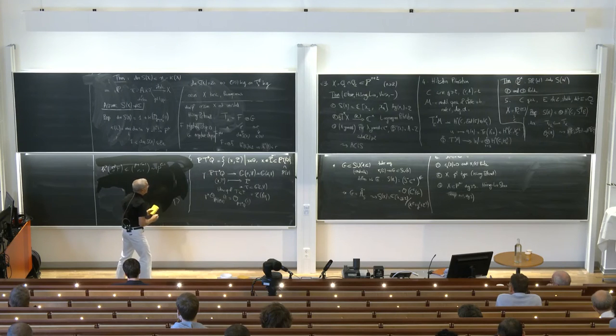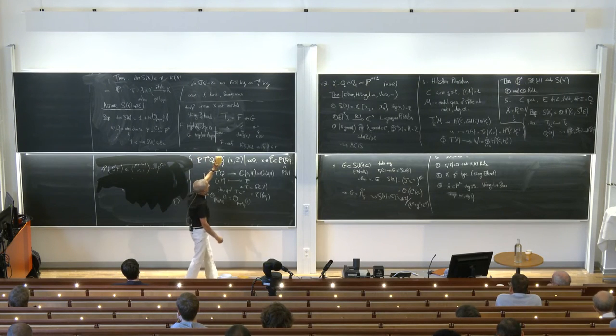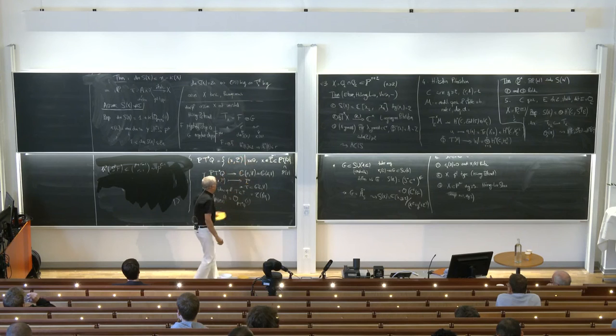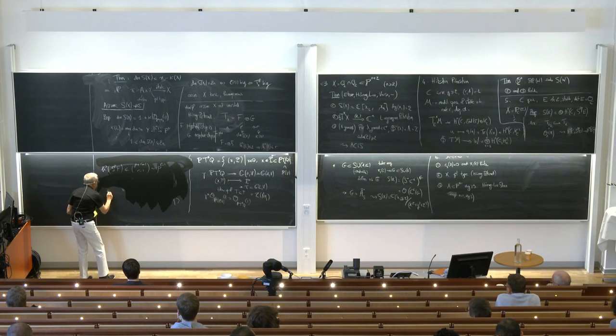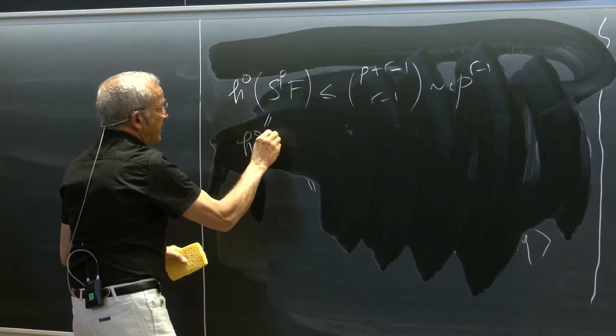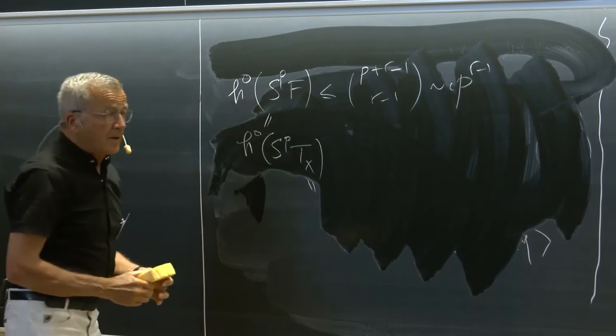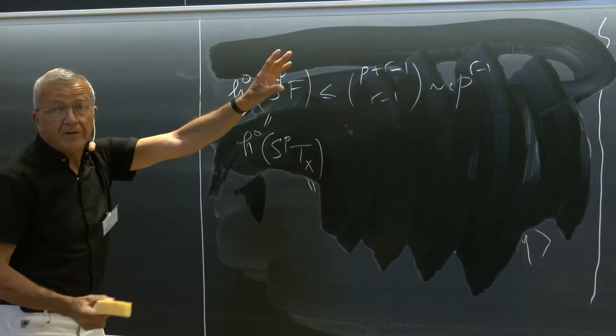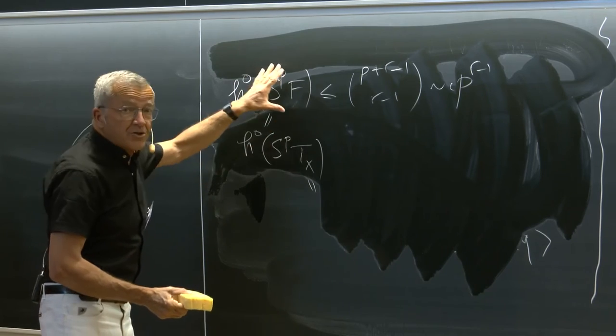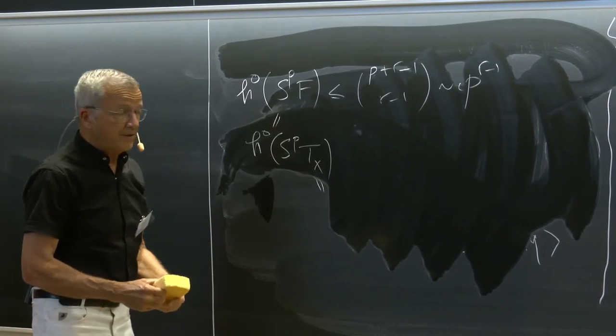Sorry, I forgot to say that because of the slope conditions here, we prove, I mean, it's not completely trivial, but we prove that this is in fact h^0 of S^p T_X. Because of the negativity of G, the only sections which appear are those of S^p T_X.